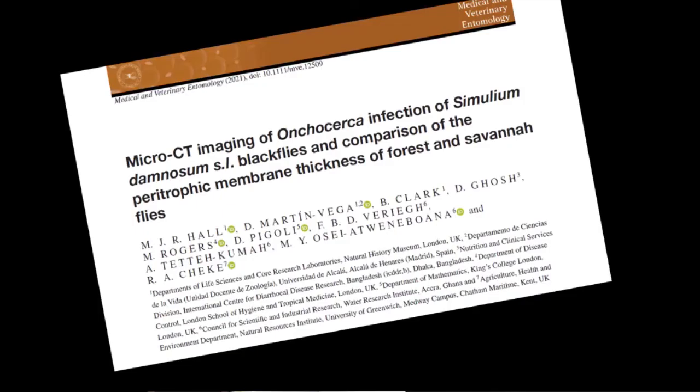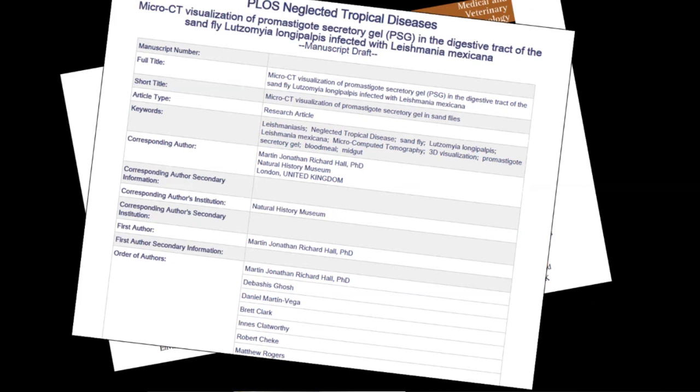We were able to publish a paper so far, on the imaging of Onchocerca in Simulium damnosum in Medical and Veterinary Entomology. Just last week, we submitted a paper on leishmania infections plus neglected tropical diseases, and we have another couple of papers that we will be preparing and submitting in due course.